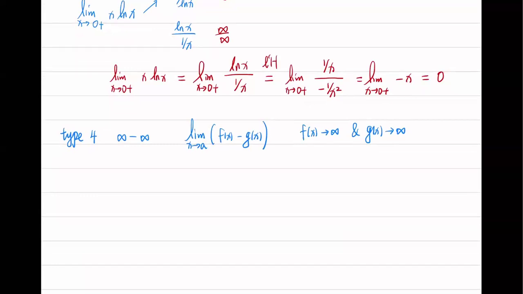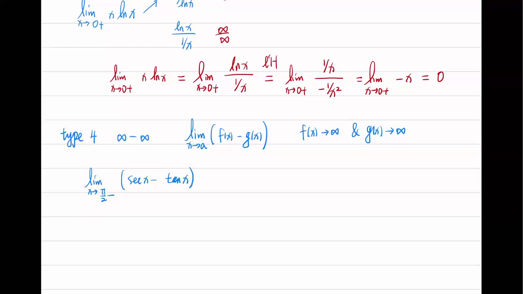Typical example. Sakina, here we have x goes to pi over 2 minus. What does this mean? Okay, so we go to pi over 2 from the left.